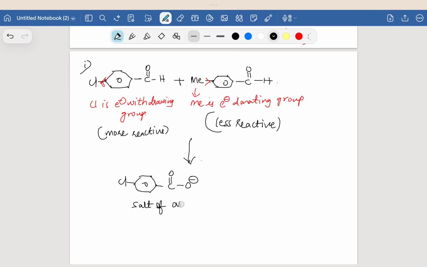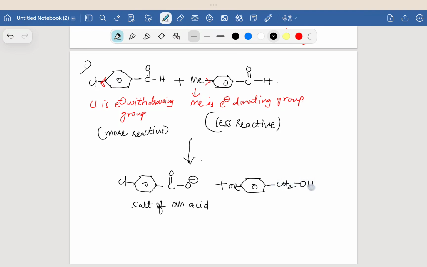And the aldehyde having the methyl group will form alcohol, CH2OH, because it is less reactive.